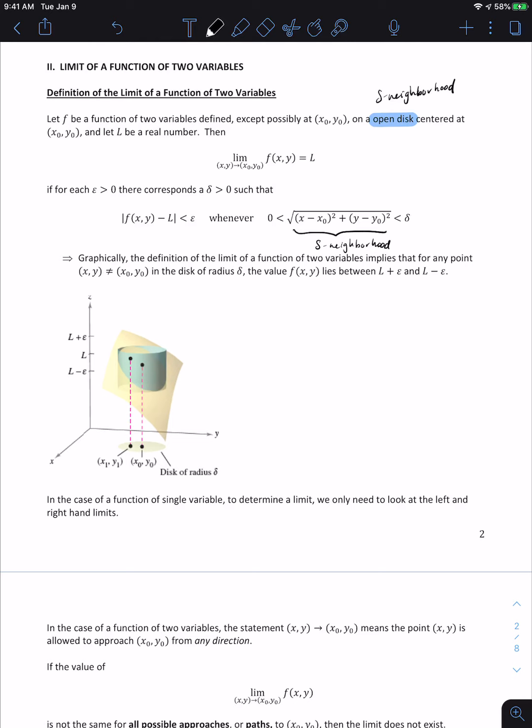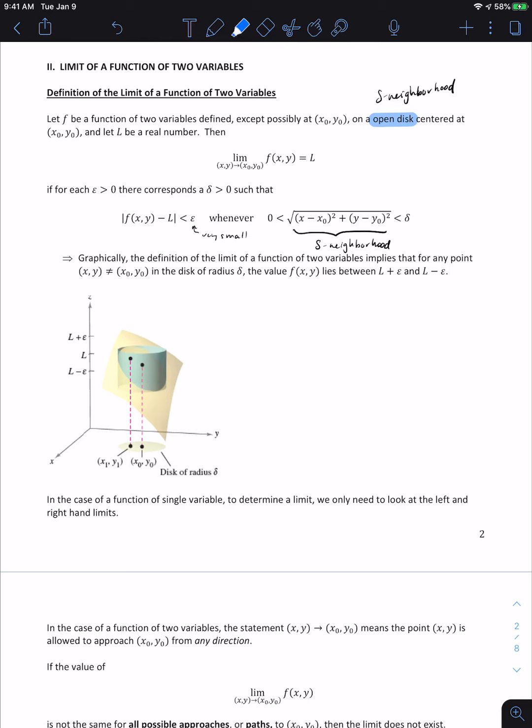Epsilon, typically when we think of epsilon in mathematics, this is very small, right? Okay, so again, the idea is when my x and y values are really close to that (x naught, y naught), then my z values or my output is really close to my limit, right? That's kind of the idea here.